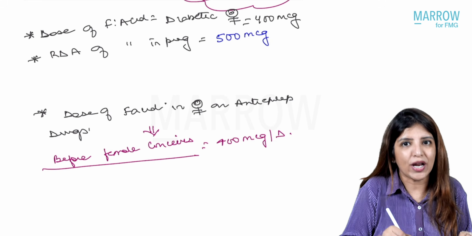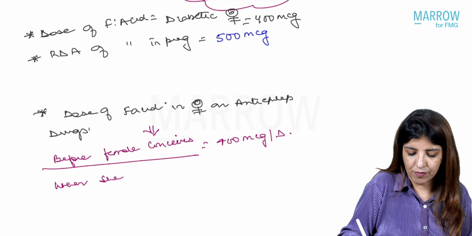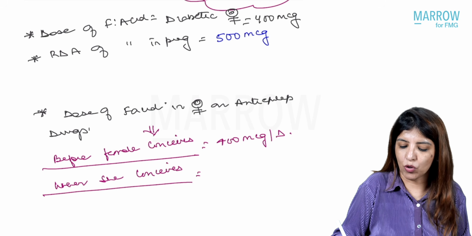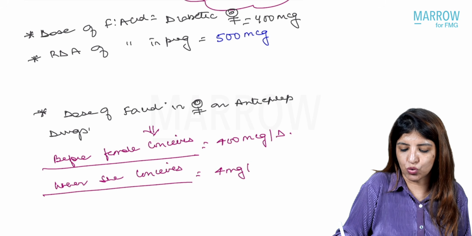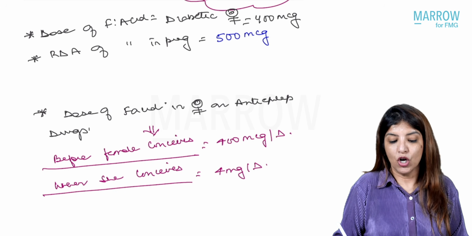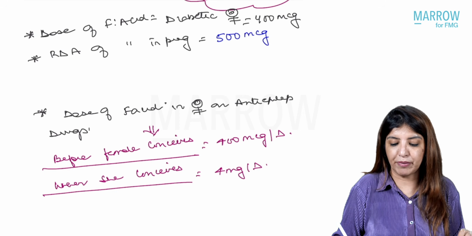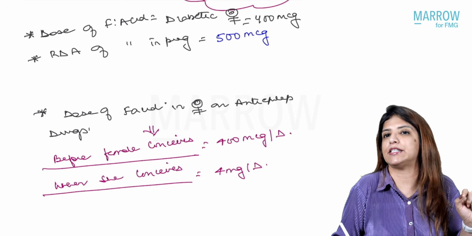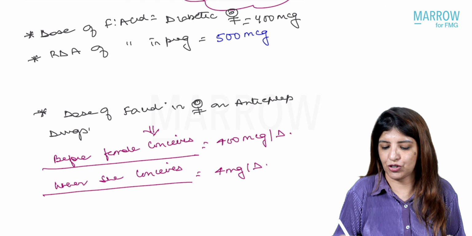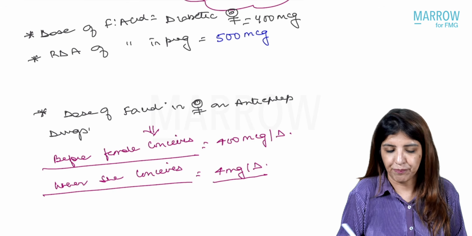But as soon as she has conceived, you are going to change the dose to 4 milligrams per day. Is that clear to you? So if your question is the dose of folic acid in a pregnant female on anti-epileptic drugs, your answer is going to be 4 milligrams per day, right?